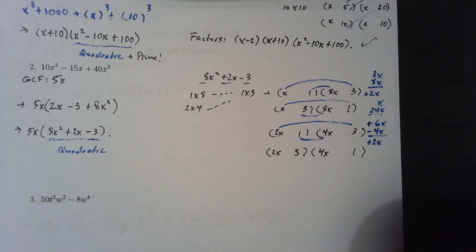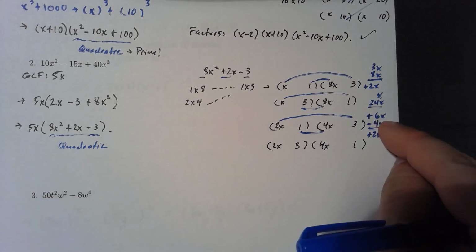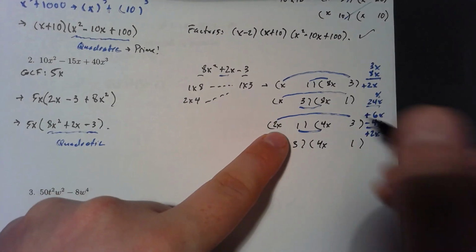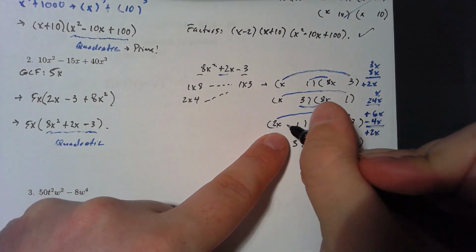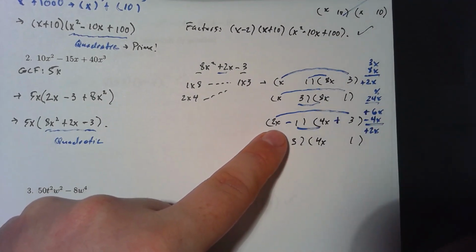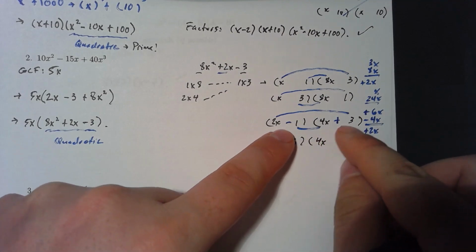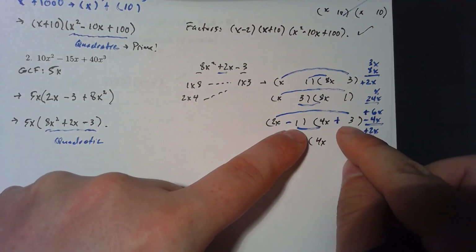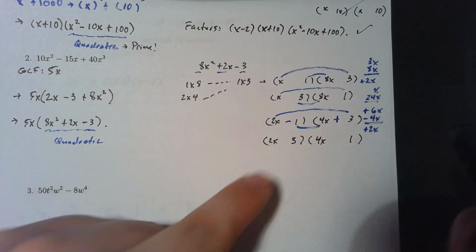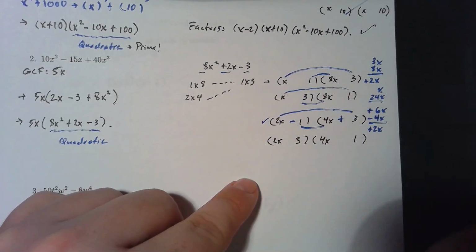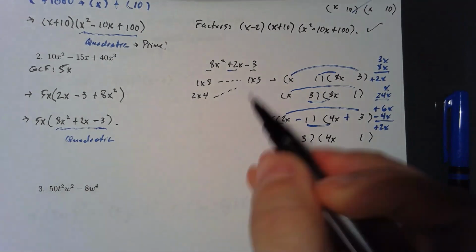So the plus is going to go here, and the minus 4x is going to go there, right? Now, does that work? The last thing I have to check is to see if the last term works. So negative 1 times positive 3 is negative 3. Yep, so that's it. That works. So this does factor.